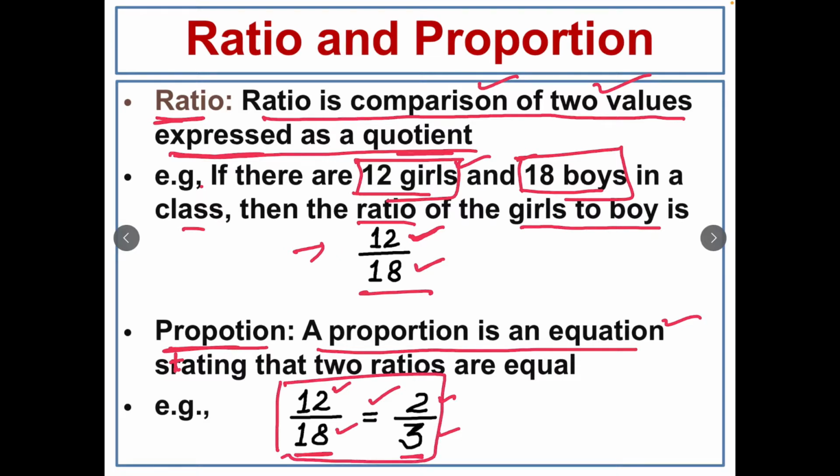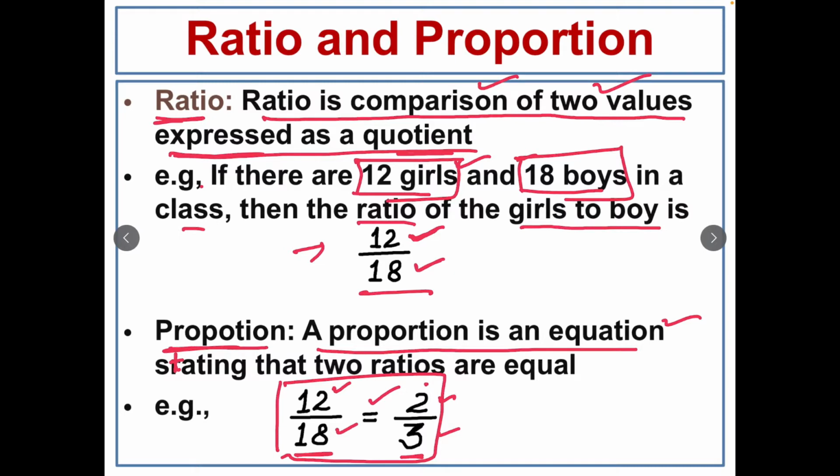The values are different but their proportions are the same. 12 is to 18 is exactly the same in proportion as 2 is to 3. So when we represent the ratios in this form, they are called proportions.